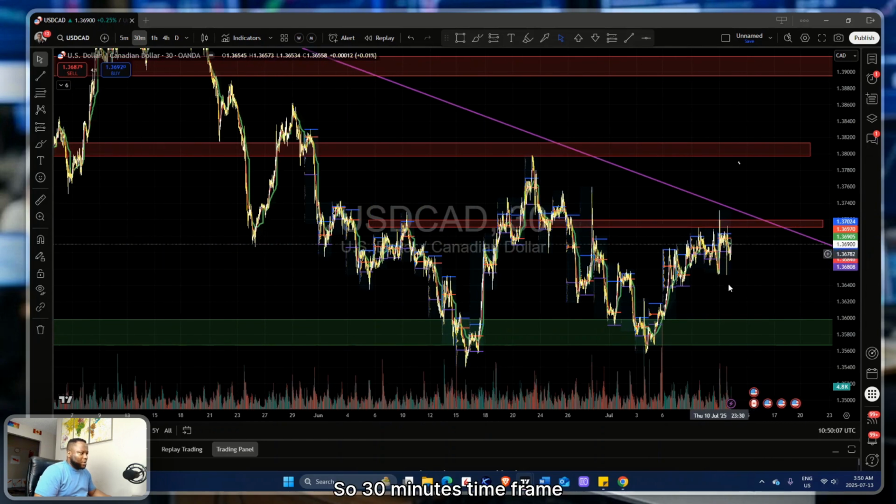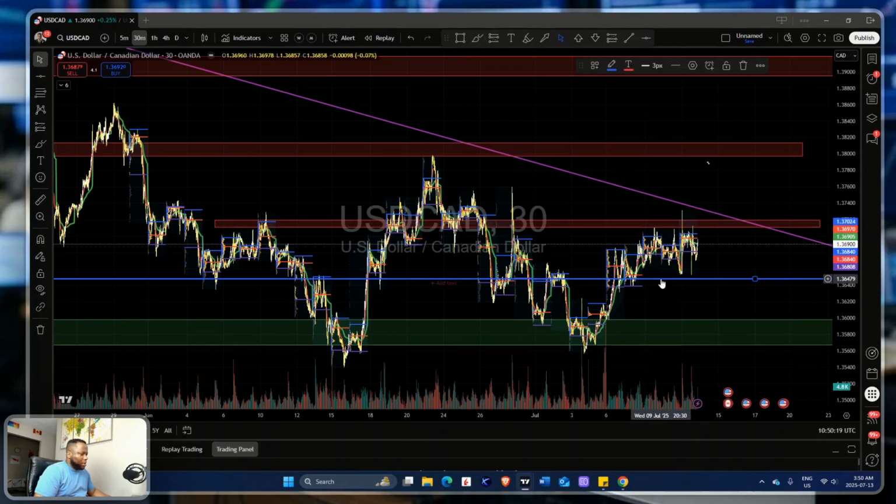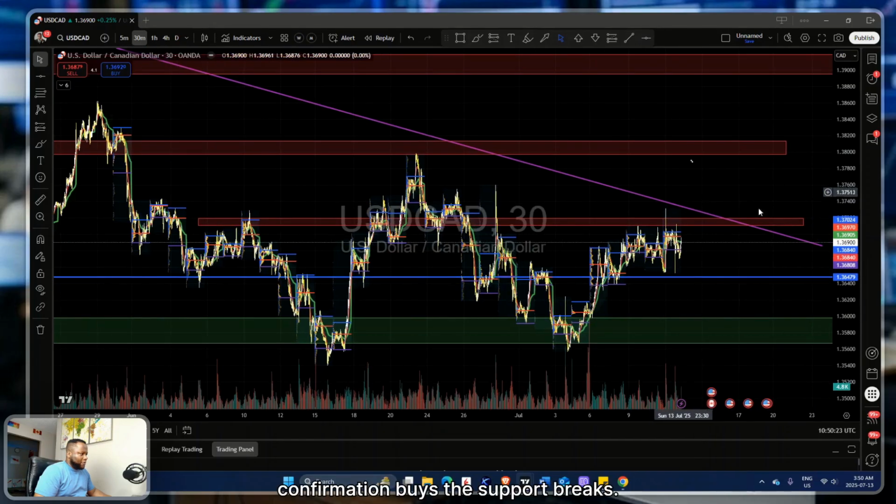So 30 minutes time frame, buy confirmations in this zone 134.90, or as long as the support zone here, 136.46, holds, we're good for confirmation buys. If the support breaks, we're coming down to the 134, 136 area zone.